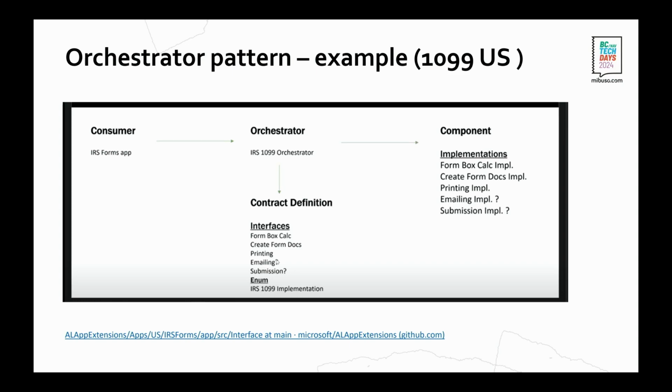I have another drawing, if that is easier to look at. You can see underneath here there is a link to GitHub, where you can take a deeper dive into the code. But again, we have the orchestra containing the story, the definition of interfaces and components as well.